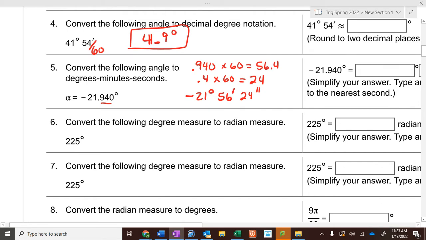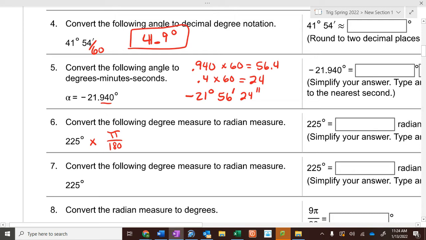Converting from degrees to radians, we multiply by 2 pi over what? 2 pi is how far around the circle? 360. So instead of multiplying by 2 pi over 360, why don't we multiply by pi over 180? Would that work?